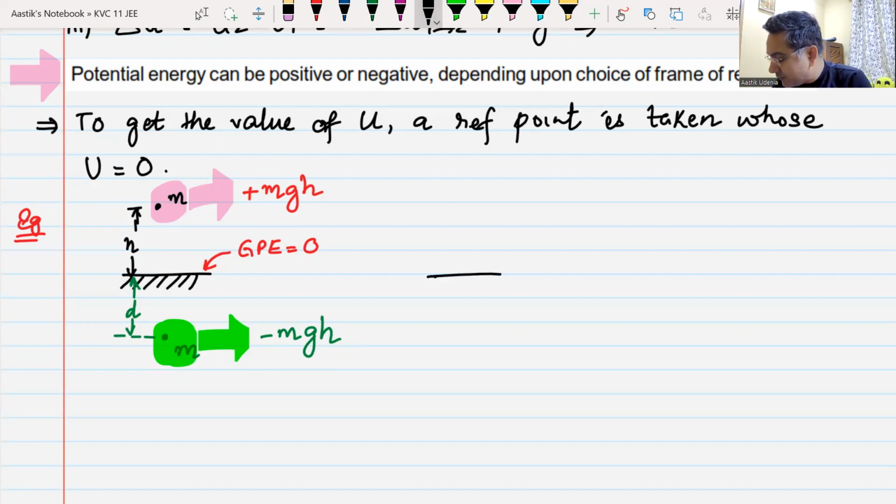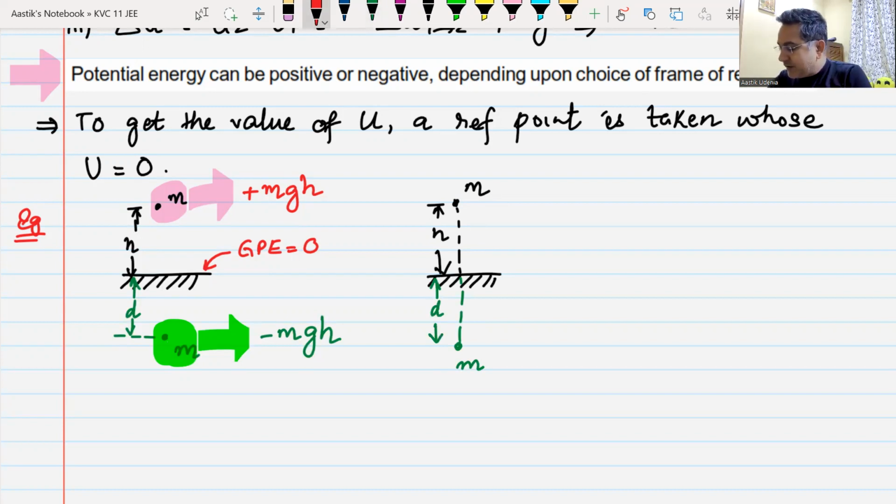Same example, but done in a different way. I still have this point, m. Height above the ground is h. I still have this point, m. The depth below is d. But now I take the gravitational potential energy of this lower point as 0.